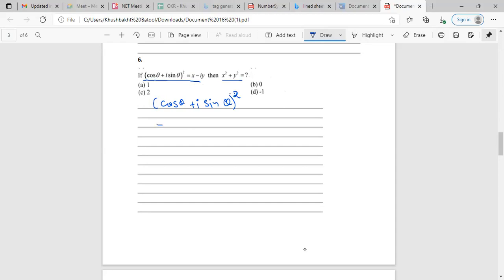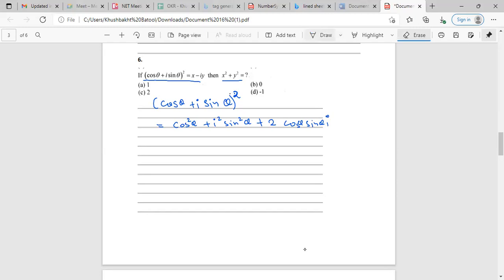This is going to be cos square theta plus iota square sine square theta plus 2 iota cos theta sine theta, right? So let's just write iota at the end instead of writing it with 2.